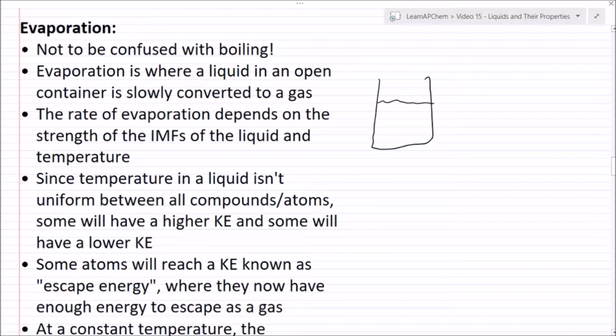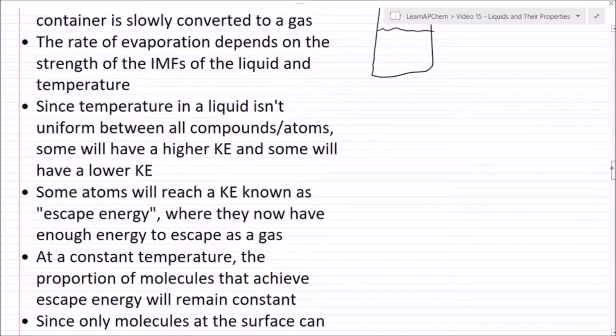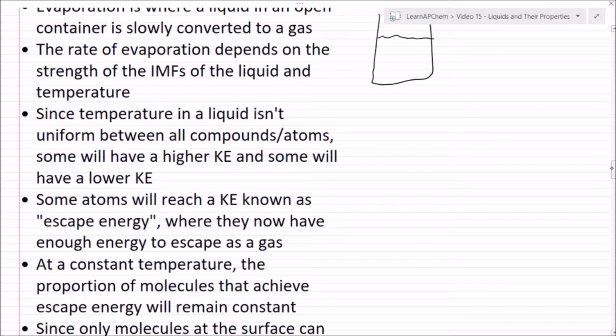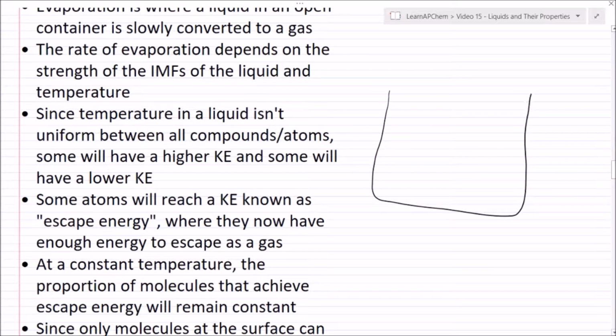Now, since temperature in a liquid isn't uniform between all compounds or atoms, some will have a higher kinetic energy and some will have a lower. And this is going to explain why things evaporate. So if we have some liquid here, let's say I have 3 atoms, and the whole thing is at 15 degrees Celsius.